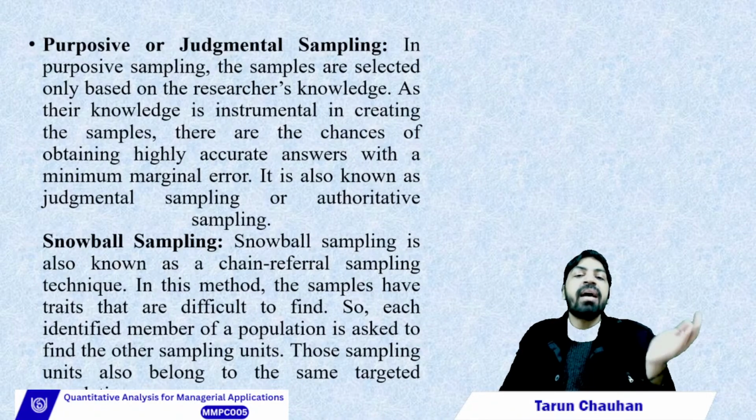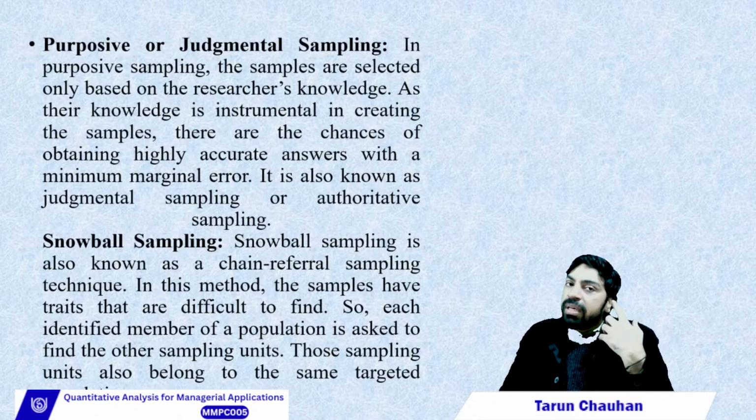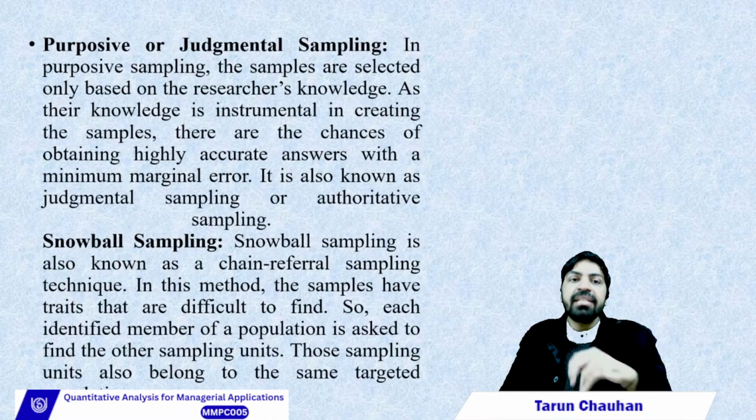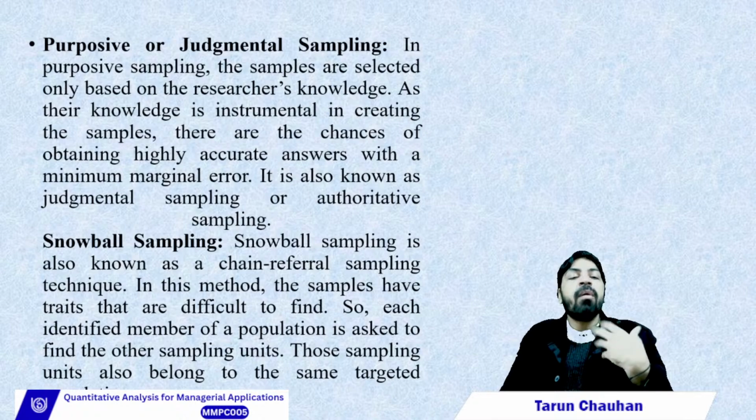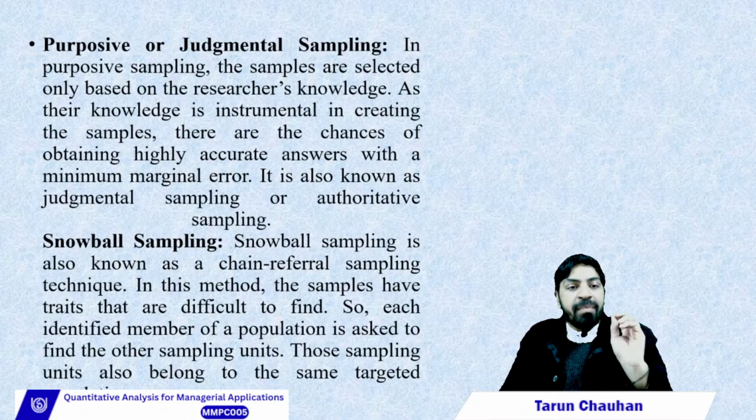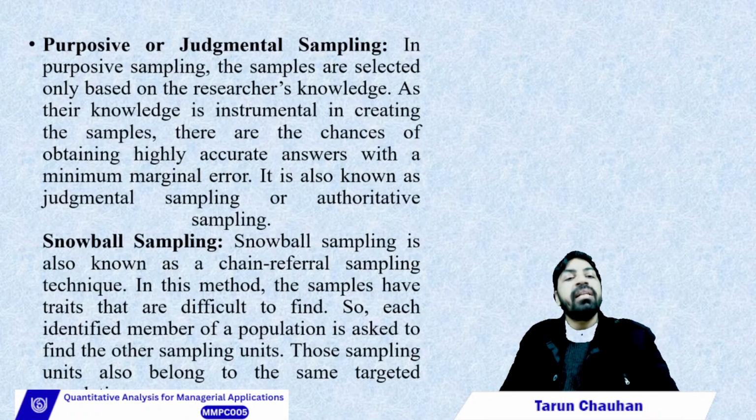So if a particular respondent or participant is knowledgeable, the researcher will get the sample from that participant. As knowledge is very important, the chances of obtaining highly accurate results are higher, without any major errors. In other words, we can call it judgmental sampling and authoritative sampling.